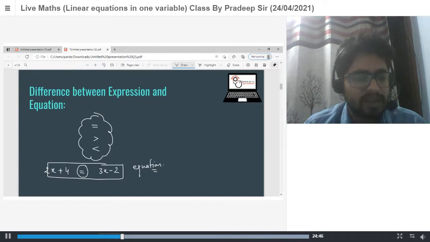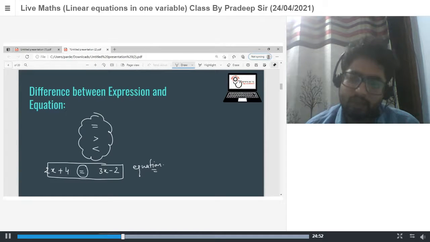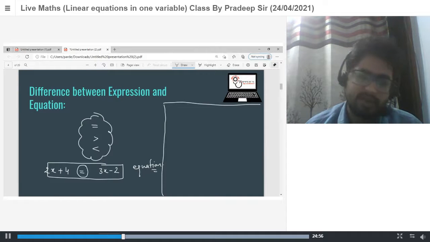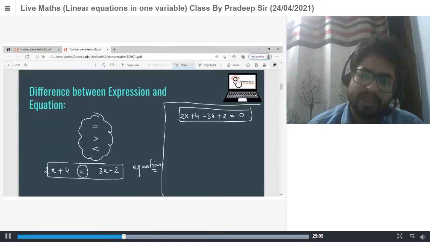And what is the degree of this equation? How do we find the degree of an equation? Shift all the terms to the left hand side and make the RHS equal to 0. So the expression will become 2x plus 4 minus 3x plus 2 is equal to 0. This will become minus x plus 6, equal to 0.